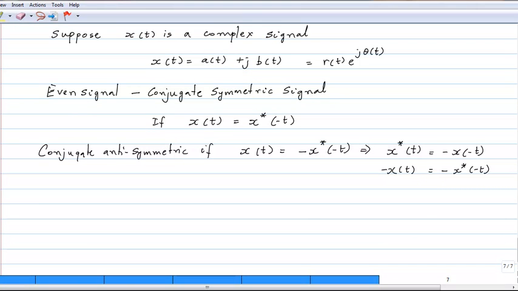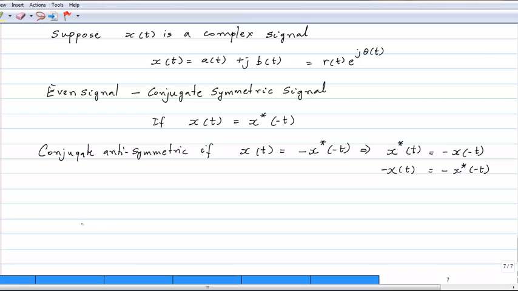Later on, you will read about Fourier transforms, or if you have already read about Fourier transforms and you're watching this video as a review, then you may be able to appreciate this. It has to do with the fact that it's really the conjugate symmetric signal which has certain properties similar to those of even signals in how their Fourier transforms are related.